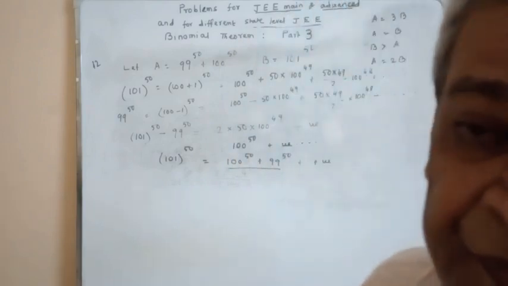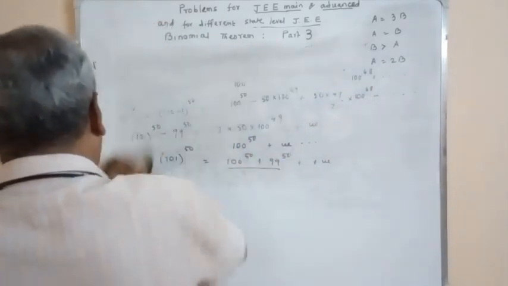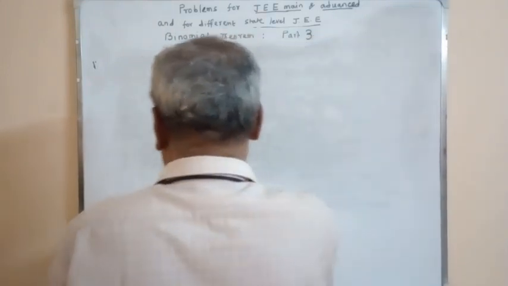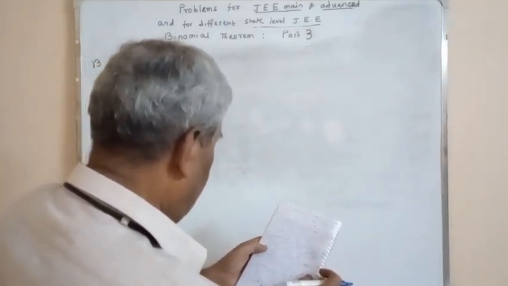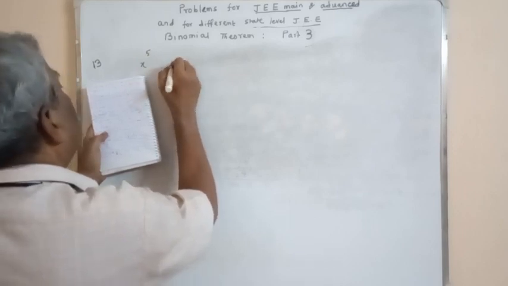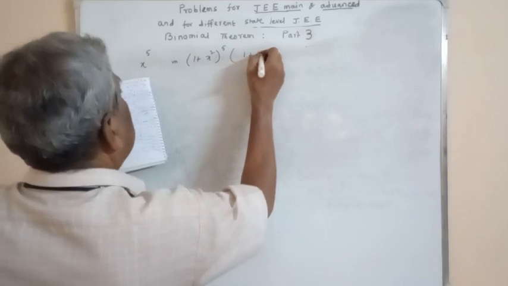Next problem. Problem number 13. And the problem is: the coefficient of x to the power 5 in 1 plus x square to the power 5 into 1 plus x to the power 4.